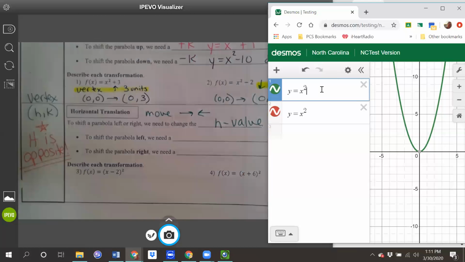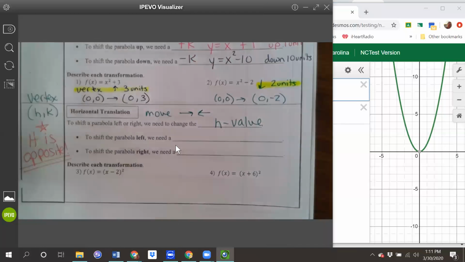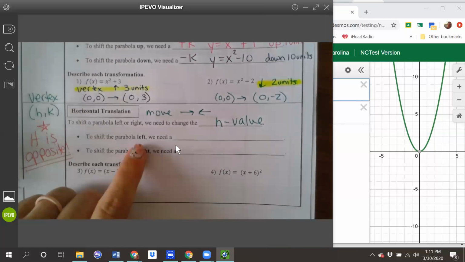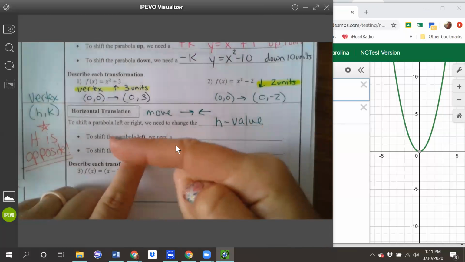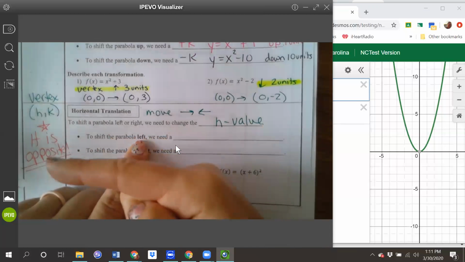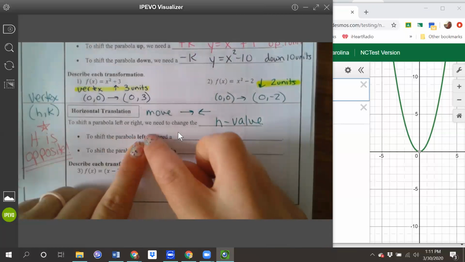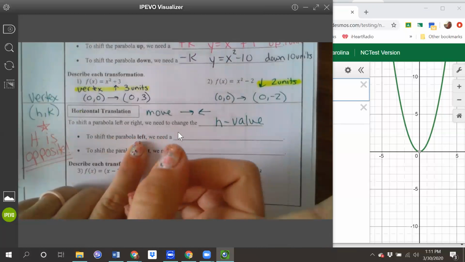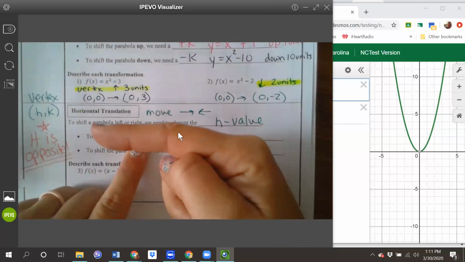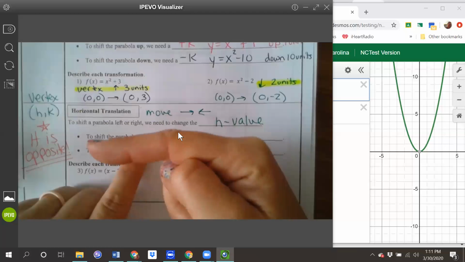So let's think about that for a second. If I want to move something to the left, my gut tells me that subtraction would be to the left. But it is actually opposite, which means in order to go to the left, I have to be adding.